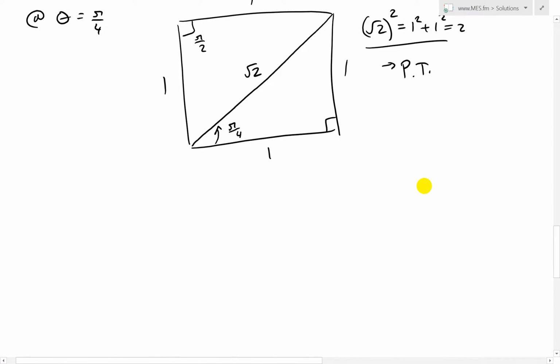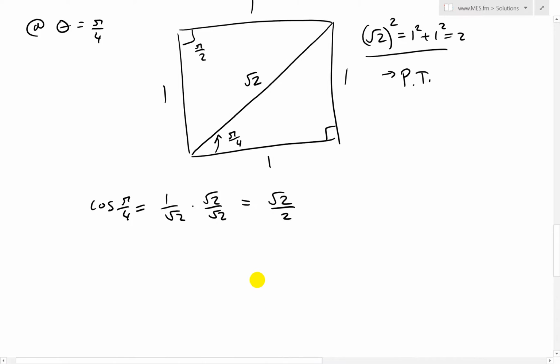Now let's find the trig ratios here. Cosine of pi over 4 is equal to adjacent over hypotenuse, 1 over square root 2. I'm going to multiply the top and bottom by square root 2 just to simplify it. The bottom cancels, we get a 2, so we get square root 2 over 2.